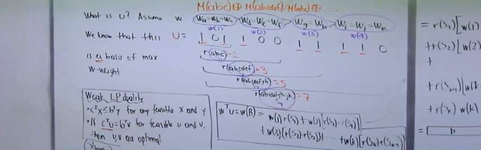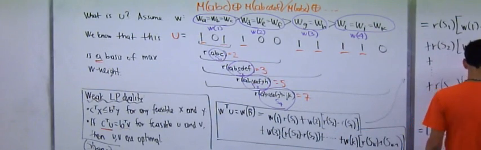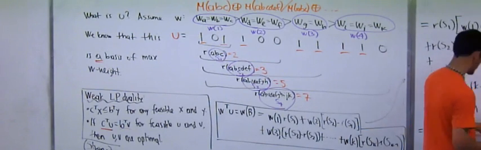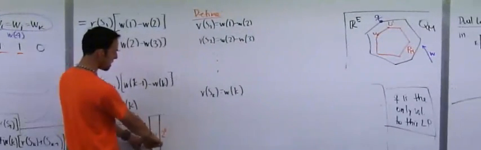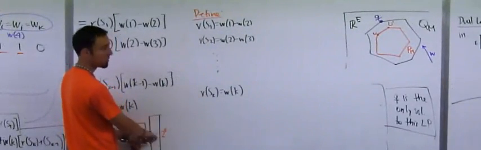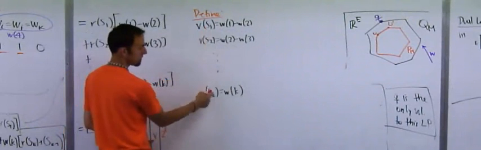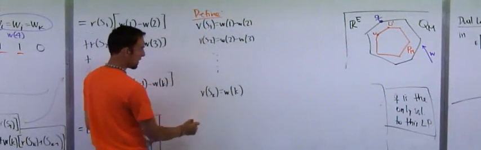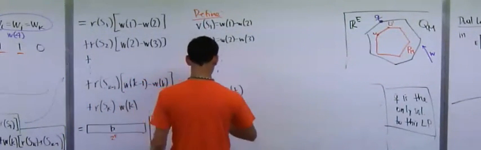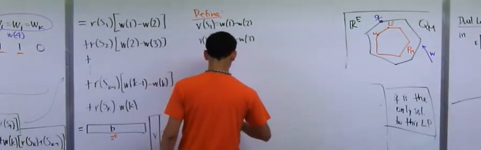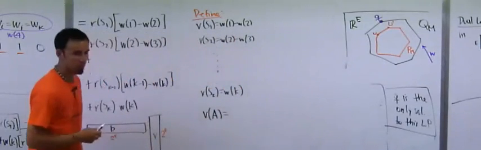That's precisely the point I was trying to make: this guy has length 2 to the E. And I'm supposed to define V for any subset, but I've only defined it for these subsets, S1 up to Sk. I need to define it for the other guys. V of anything else, what should I define it to be? 0.